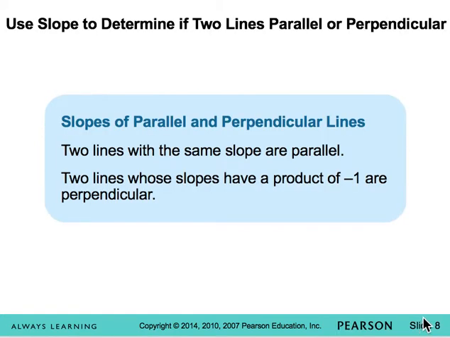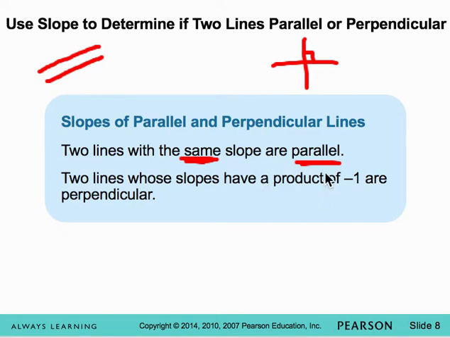Okay, while we're talking about slopes, let's talk about parallel and perpendicular. Parallel means you've got two lines that never, ever, ever cross. The only way that can happen is if they are sloping at exactly the same amount. So two lines with the same slope are parallel. Perpendicular lines means they cross at a 90-degree angle.